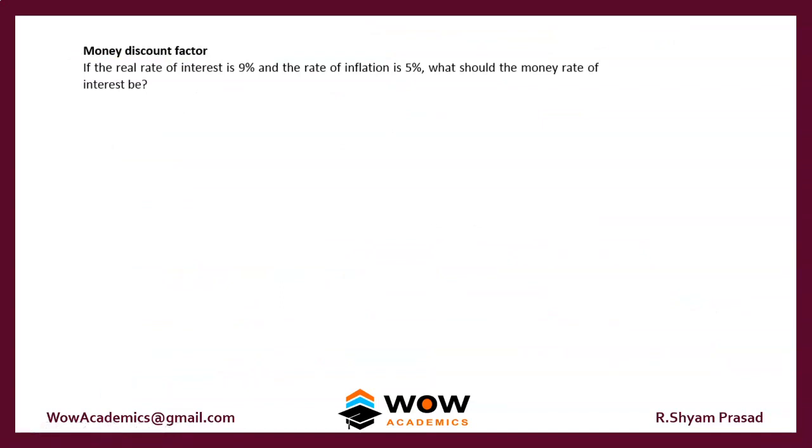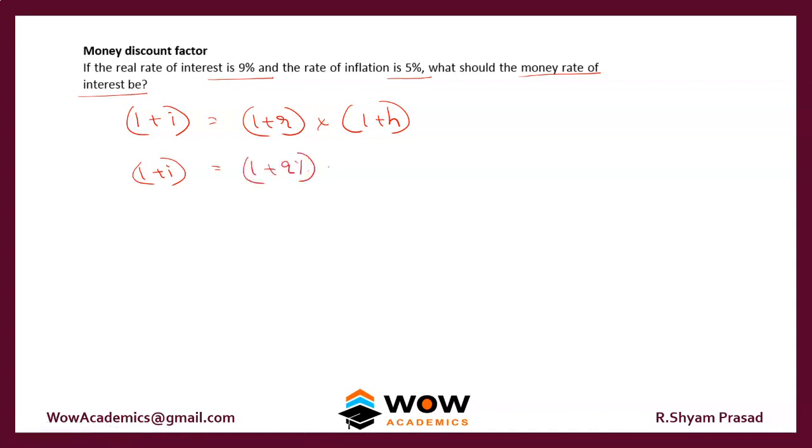In this problem, we are going to find out the nominal discount factor. If the real rate of return is 9% and the rate of inflation is 5%, what should the money rate of interest be? So we have to find out the nominal interest. We'll have the formula 1 plus I equals 1 plus R into 1 plus H, where we have to find out the 1 plus I. So R is 9% and H is 5%.